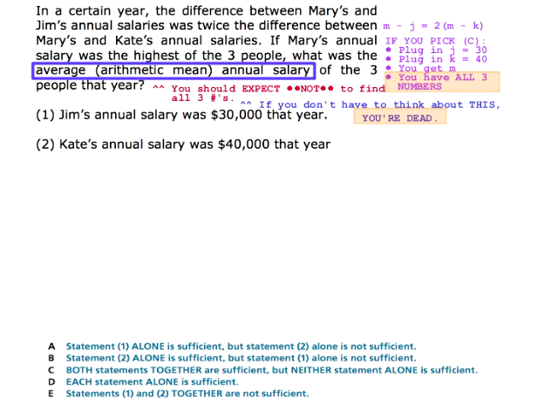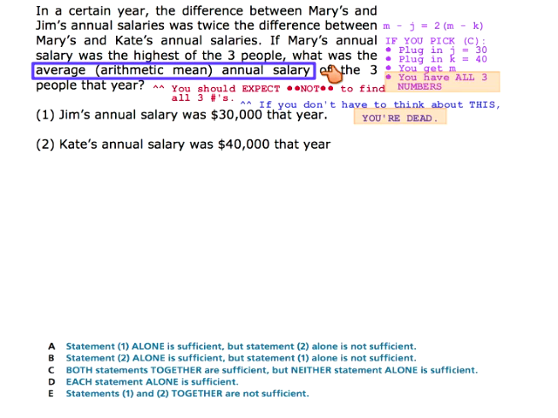If you're a veteran of these data sufficiency problems, you'll know that this is how they work. Think about it from the point of view of the question writers. You should stop and think about what would motivate somebody to ask this question instead of saying, hey, what are the 3 salaries?